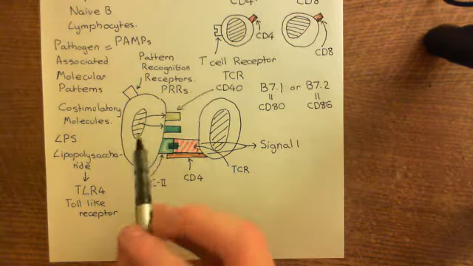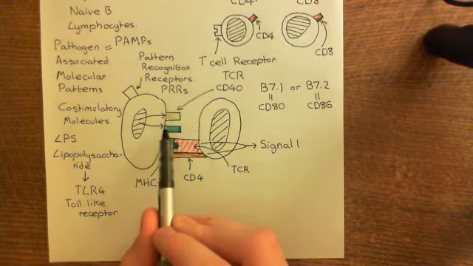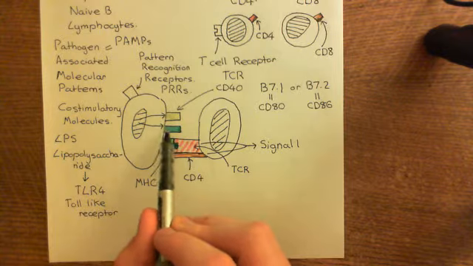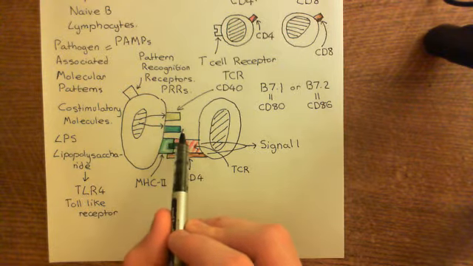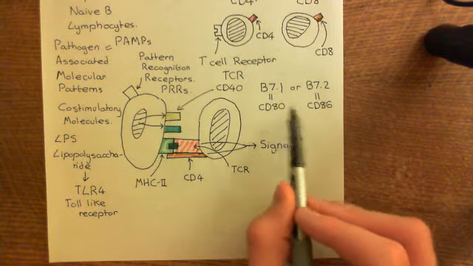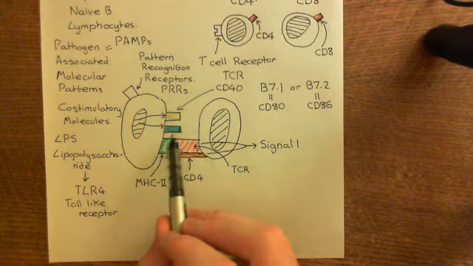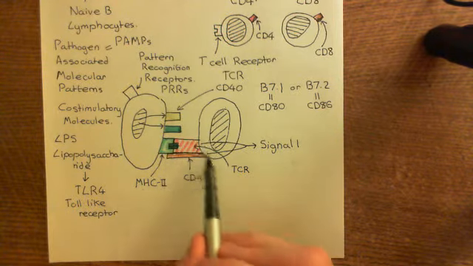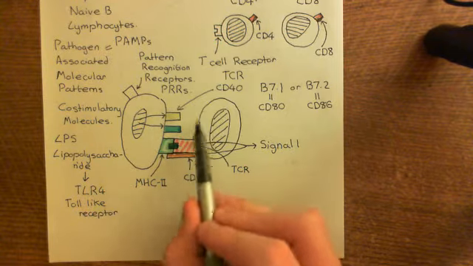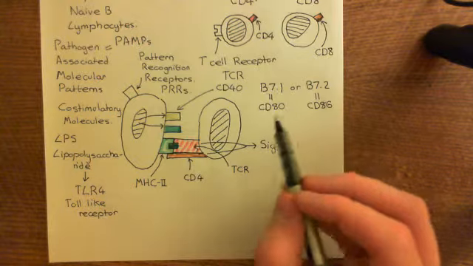Okay, so when the dendritic cell or the macrophage has been activated, it will put on its surface this CD40 molecule, and then it can also put B7.1 and B7.2 on its surface, which are also called CD80 for B7.1 and CD86 for B7.2. And both of them bind to a certain receptor on the surface of the T lymphocyte and do the same job, so they're equivalent, basically.